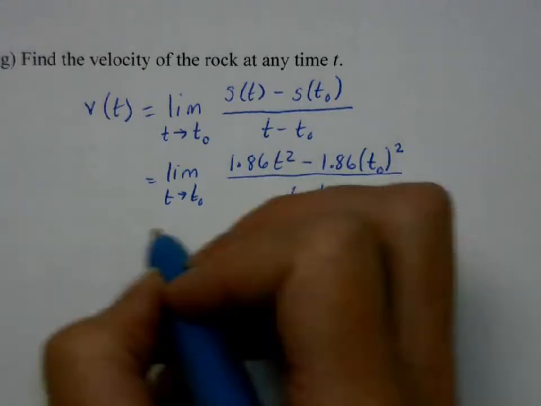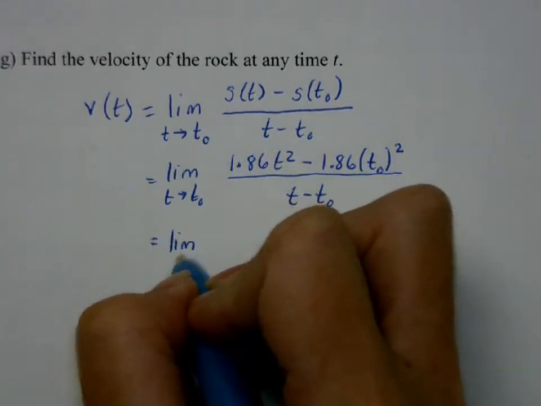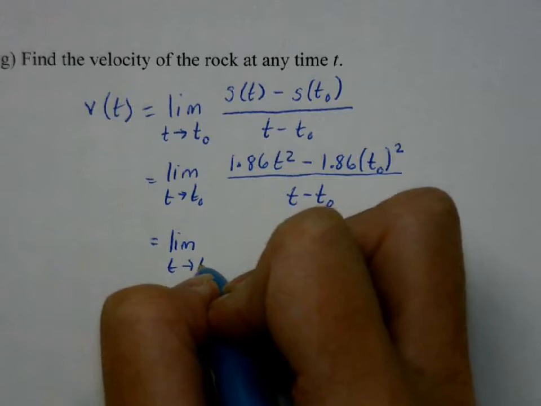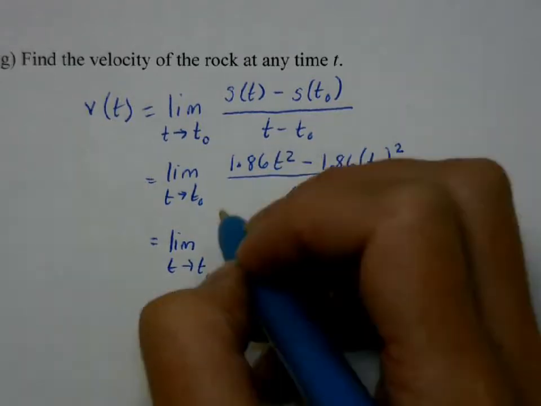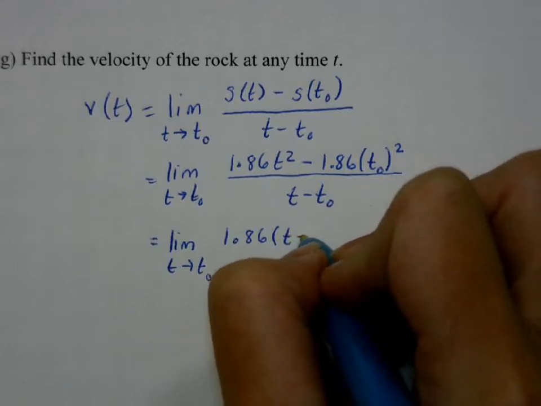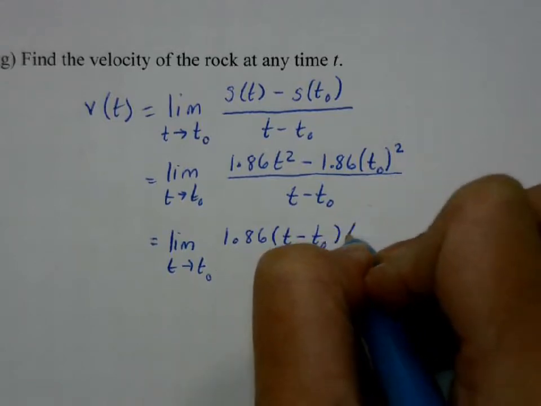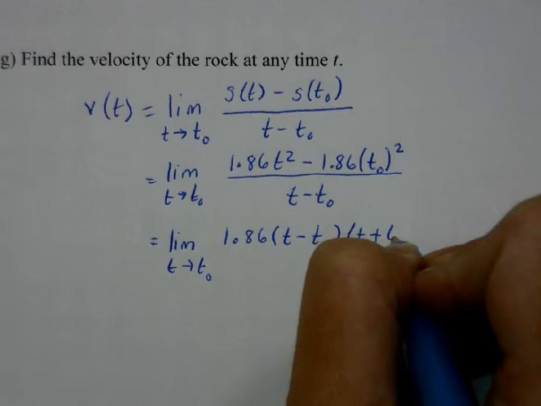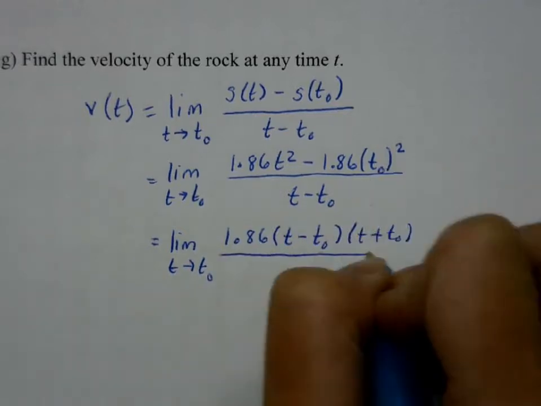So I'm going to have 1.86 times t minus t naught and t plus t naught. So these will go away.